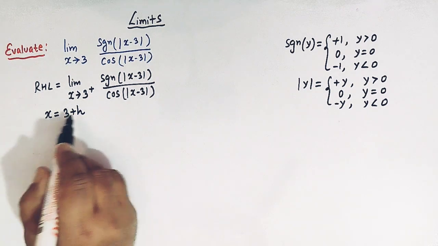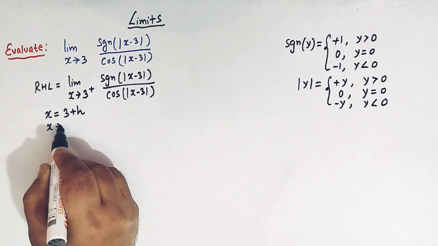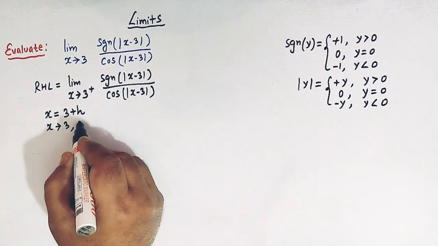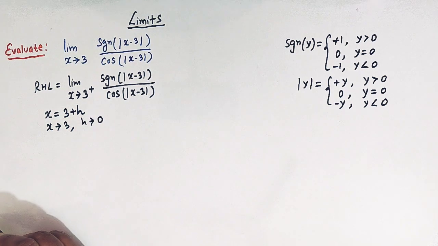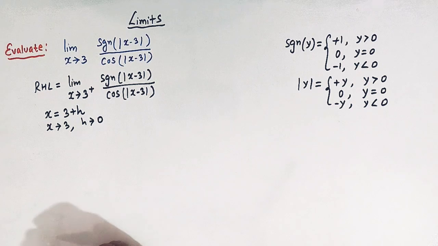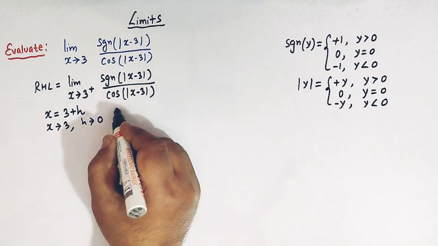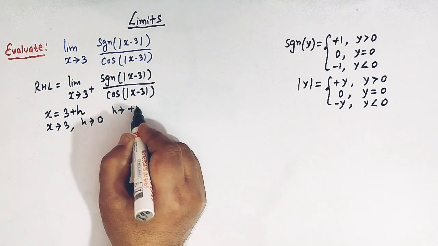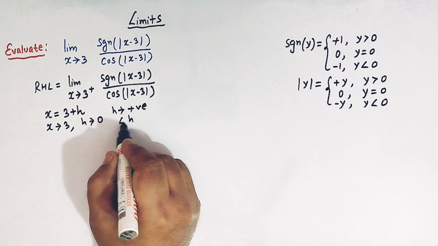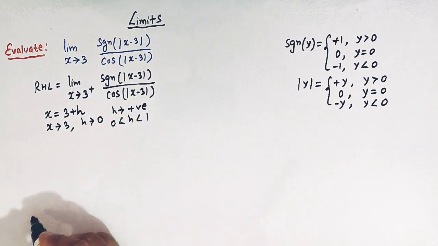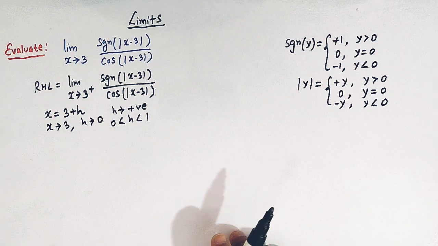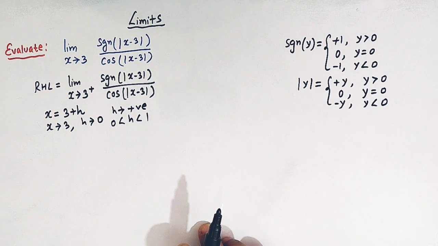So when x tends to 3, then obviously h tends to 0. Here h is a very important quantity, and h is positive, and it lies between 0 and 1, so h is infinitesimally very small, right?